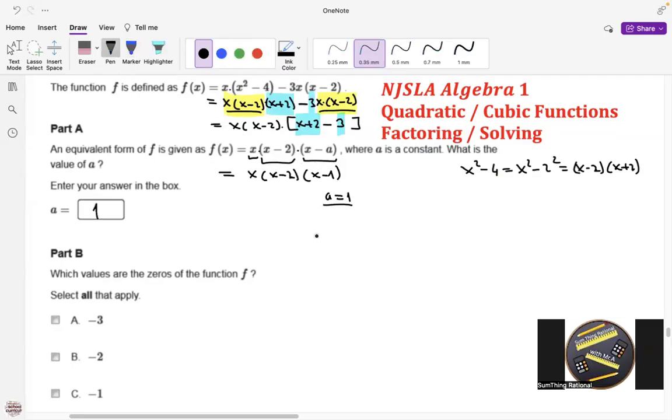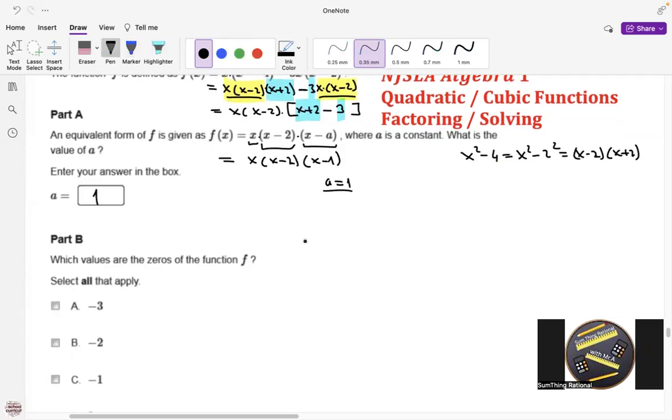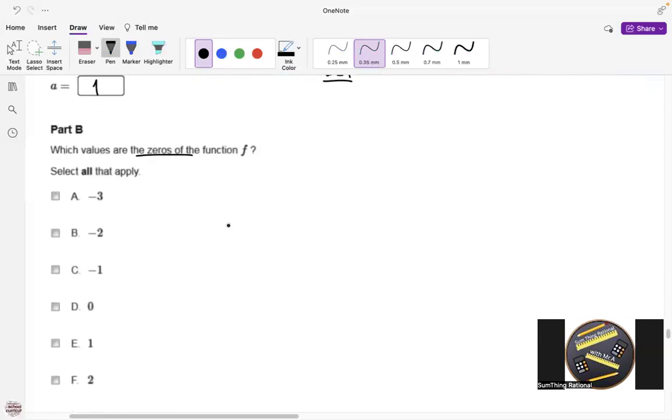In part B, they are asking what are the zeros of the function. Let me write the function again. f of x is equal to x times (x minus 2) times (x minus 1), since we got a already. So what are the zeros of the function?